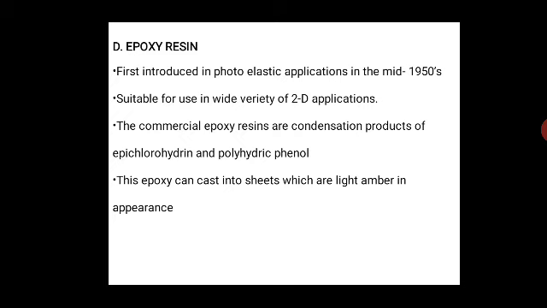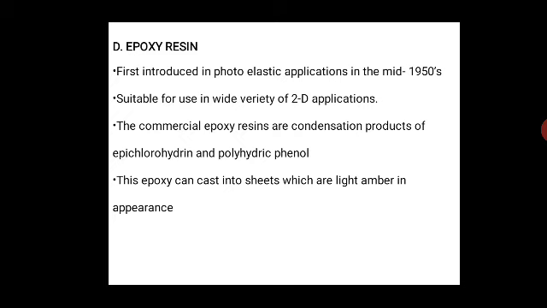This material has a wide variety of epoxy materials which can be cast into sheet form. The percentage of curing agent relative to the basic monomer can be varied to give an almost infinite number of epoxy materials.